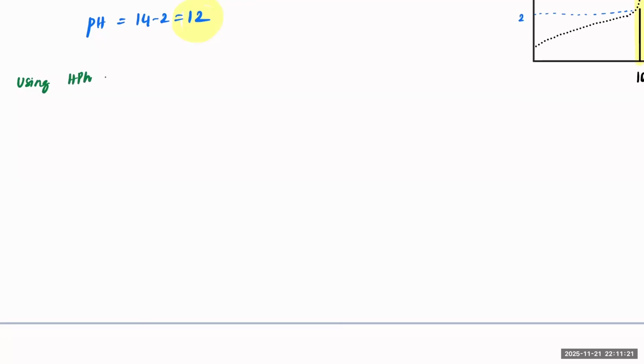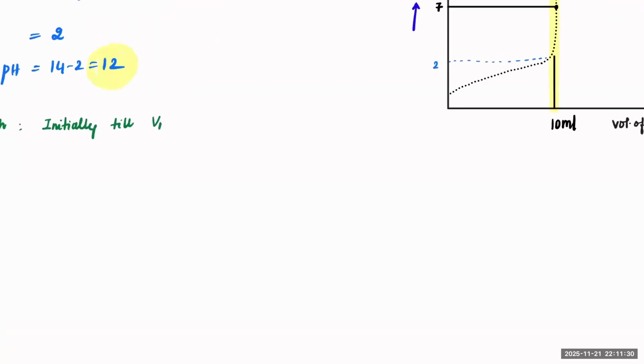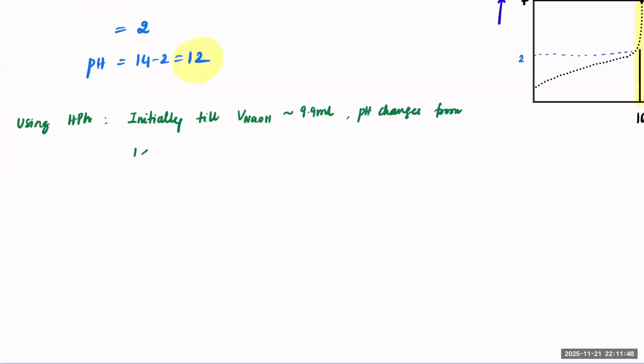Using phenolphthalein, you know that initially, till the volume of NaOH is close to 9.9 ml, the pH changes from 1 to hardly 2.